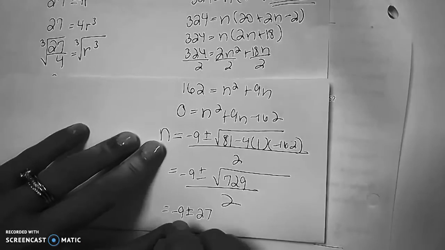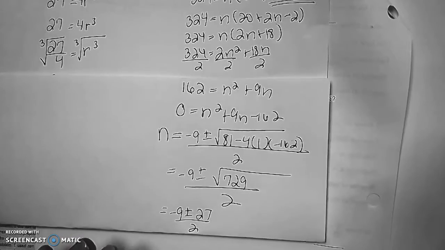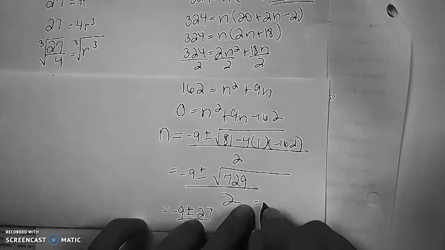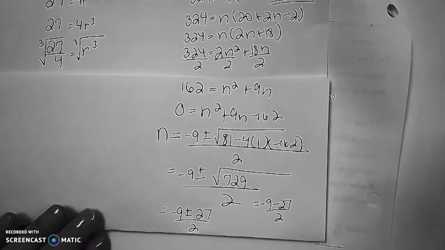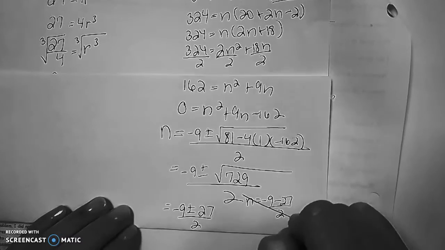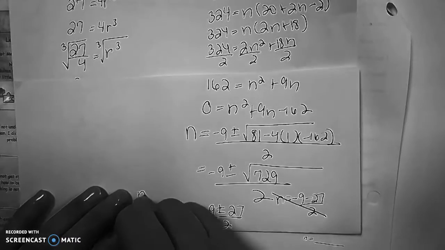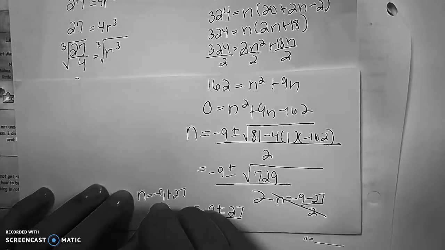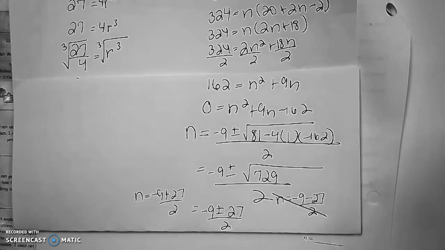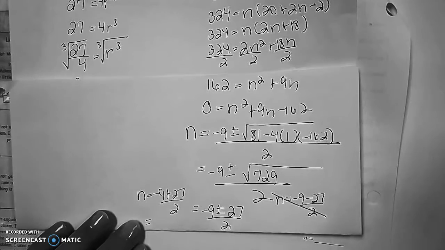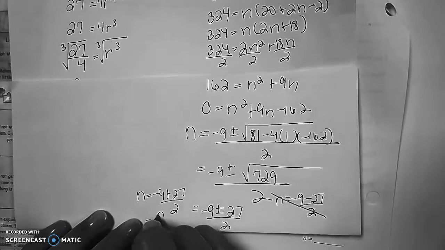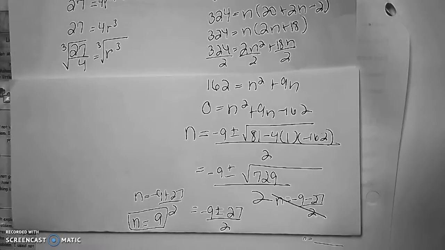It's 27 over 2. Now remember, n is the number of terms, and so if I took my first answer, negative 9 minus 27 over 2, that's not going to happen because that would make n be negative, and we can't have a negative number of terms, and so I'll just have negative 9 plus 27 over 2. And so that gives us 18 over 2. And so what is 18 over 2? 9. So n is 9.